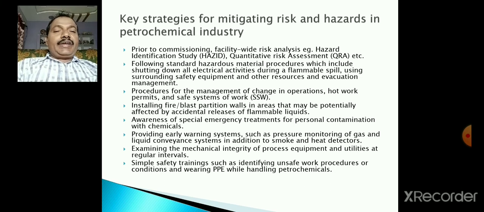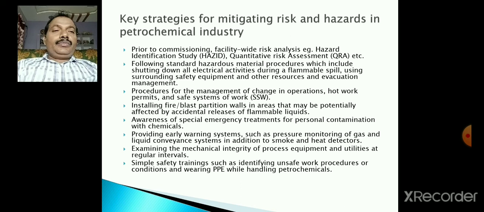Simple safety trainings such as identifying unsafe work procedures or conditions and wearing PPE, that means personal protective equipment, while handling petrochemicals is important for the workers. So these are the important strategies we have to maintain in the work environment of a petrochemical plant.